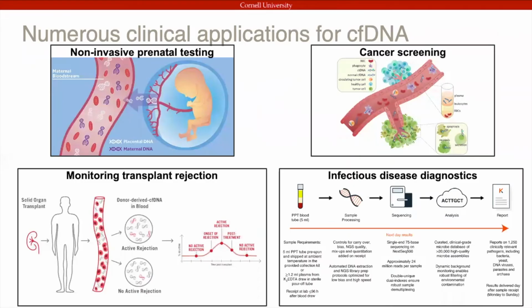There are already a number of clinical applications for cell-free DNA, including in non-invasive prenatal testing, where you can detect fetal DNA, in cancer screening, looking at tumor-derived cell-free DNA, to monitor transplant rejection by looking at donor-derived cell-free DNA, and of course, in infectious disease diagnostics.